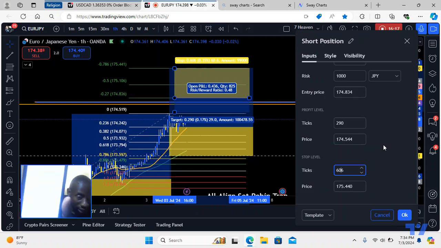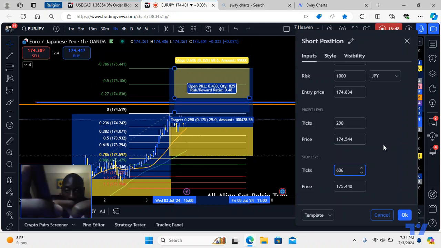This is the calculator. This is the position size calculator. So I'll put in risk 200, and I'll put 60 pips, and I'll see what we get here. As you can see, $200 risk, 60 pips.